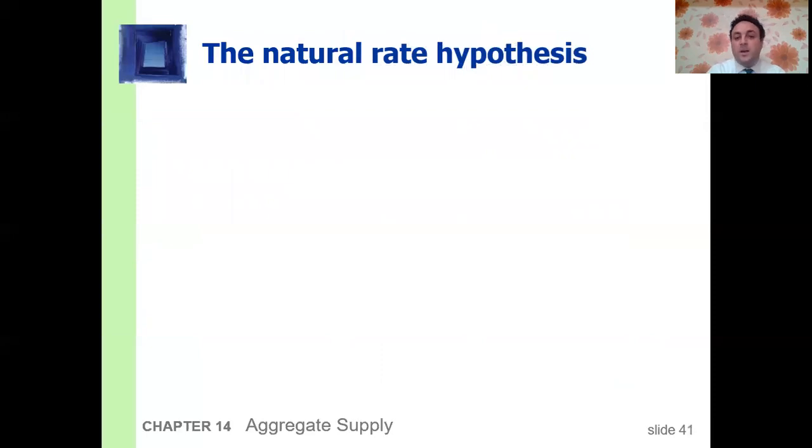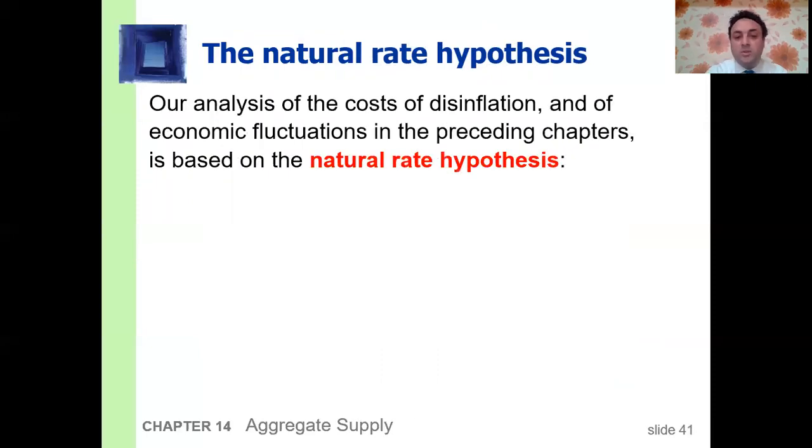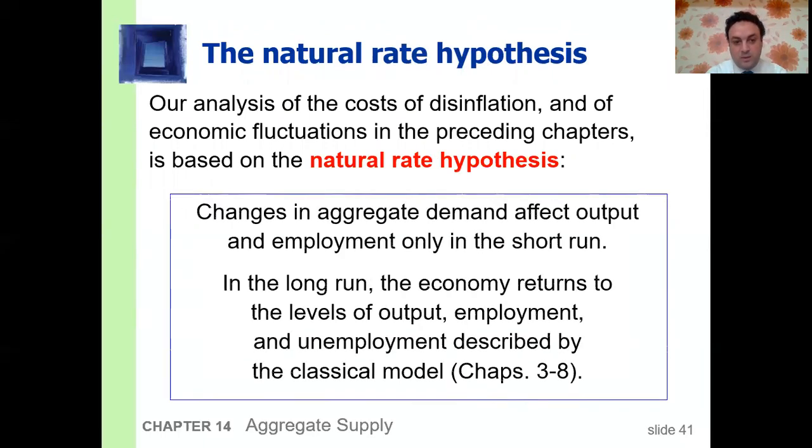The natural rate hypothesis. Our analysis of the course of disinflation and of economic fluctuations in the preceding chapters is based on the natural rate hypothesis. Changes in aggregate demand affect output and employment only in the short run. In the long run, the economy returns to the levels of output, employment, and unemployment described by the classical model that we saw.